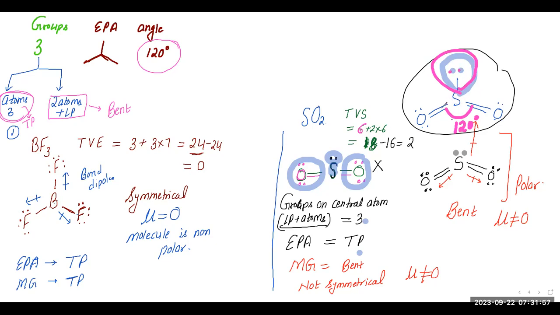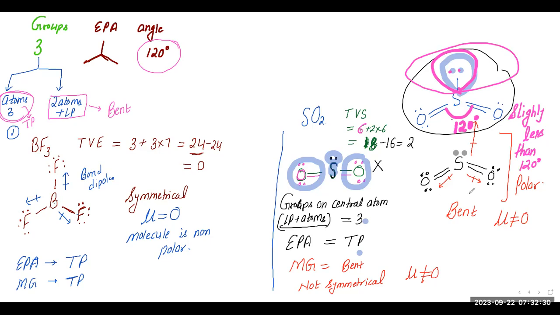Due to these lone pairs, the bond pairs are pushed together and the angle will be slightly less than 120 degrees. It will stay closer to 120 degrees, but not exactly, because lone pairs need more space. They will occupy more space and push the bonds closer. You're getting it, children?